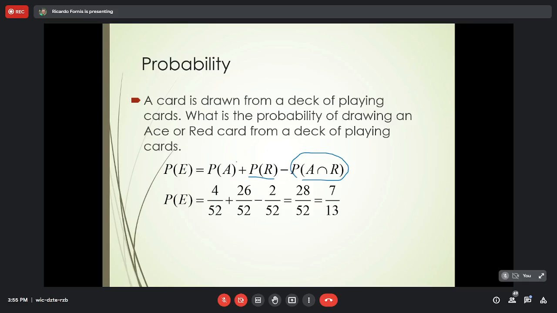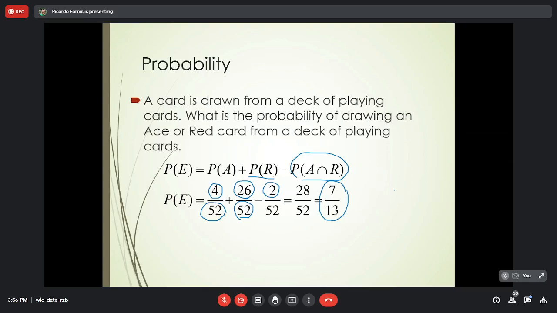So there are four aces, you divide it by 52. There are 26 red cards out of 52. But there are two common cards, the ace of hearts and the ace of diamonds, over 52. So the result is 28 over 52, or you can simplify it further to 7 over 13.